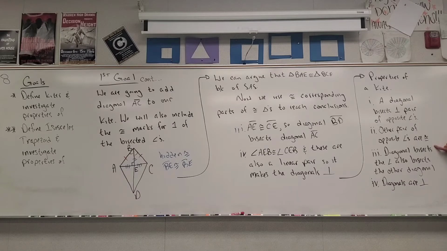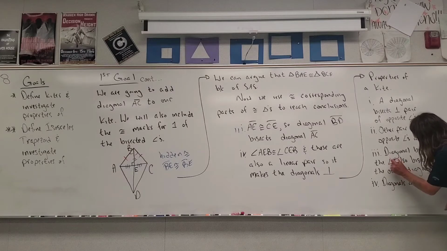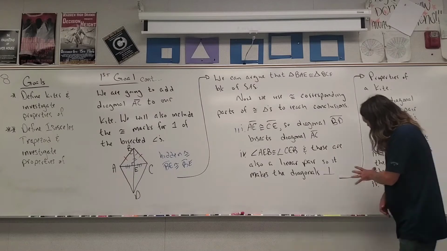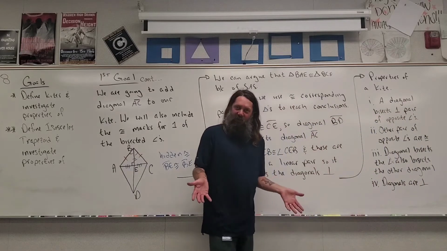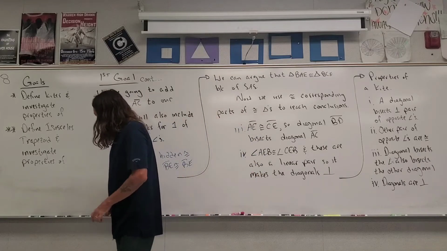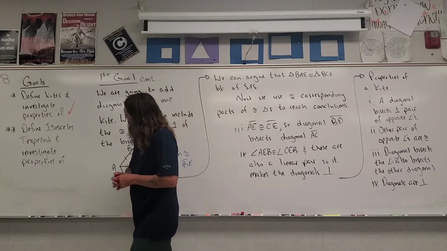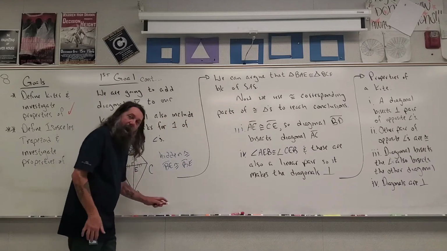The diagonal that bisects the angles also bisects the other diagonal, and the diagonals are perpendicular. All right, so these are the four things that we get from having a kite. Now I'm going to check off the first goal, and we are going to move into the second goal. So let me clean all this up, and I will be back.